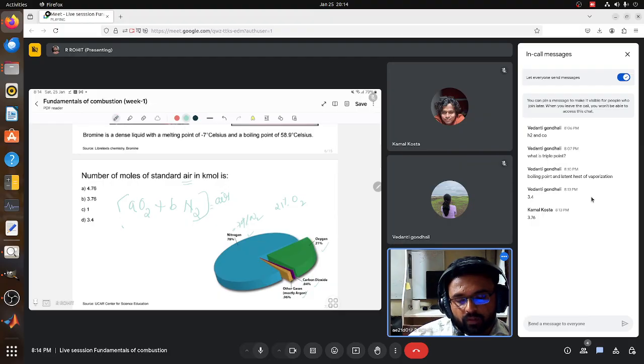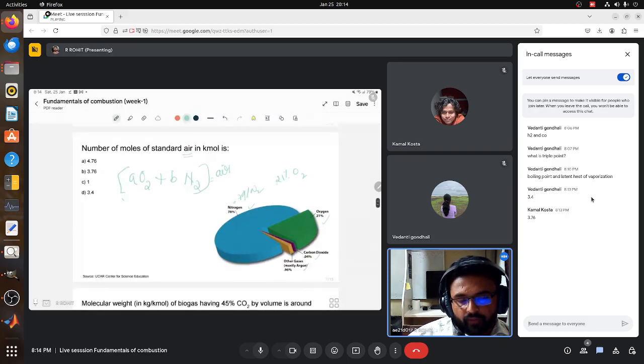Now the number of moles of oxidizer and the number of moles of nitrogen is what you need to find out. If you are considering oxidizer at 21% by volume, say if A is equal to 1, then we have 1 kilomole of oxidizer. How many moles of nitrogen are required? You have 79 by 21, which comes close to 3.76 kilomoles.